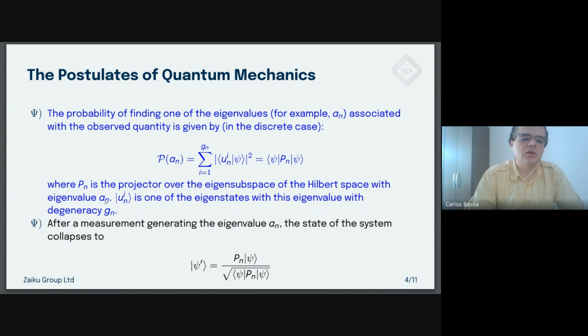And the ket is a sum of the eigenstates with eigenvalue degeneracy Gn.